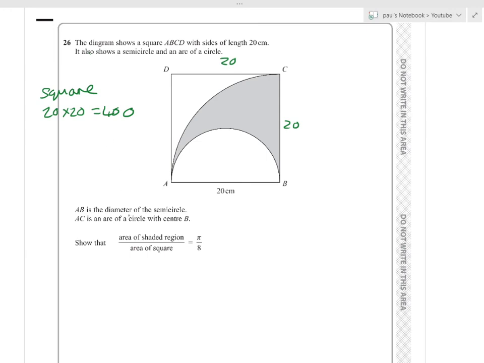So now the area of this. So this is the area of this.